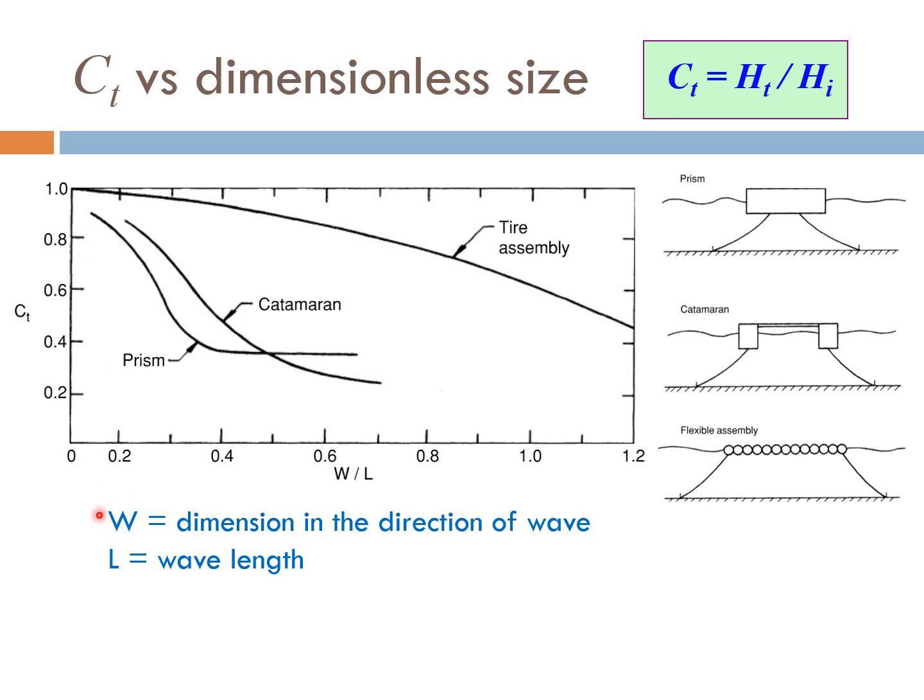However, as the size increases, we can see that, for example, a simple tire assembly for W/L equals 1, which means that the size of the breakwater is the same as the wavelength, then it is able to reduce the wave energy with a transmission coefficient of approximately 0.6.